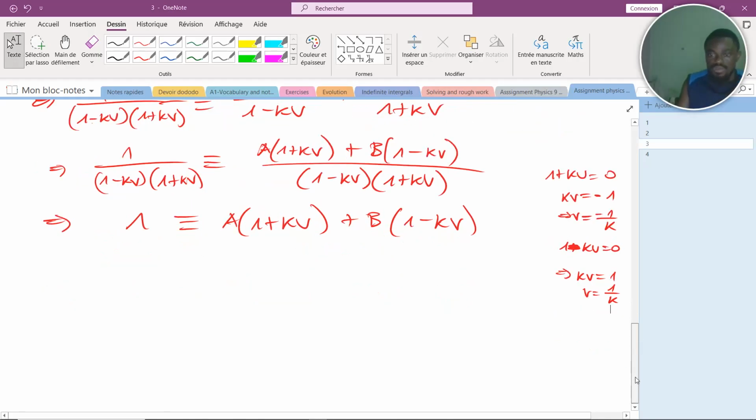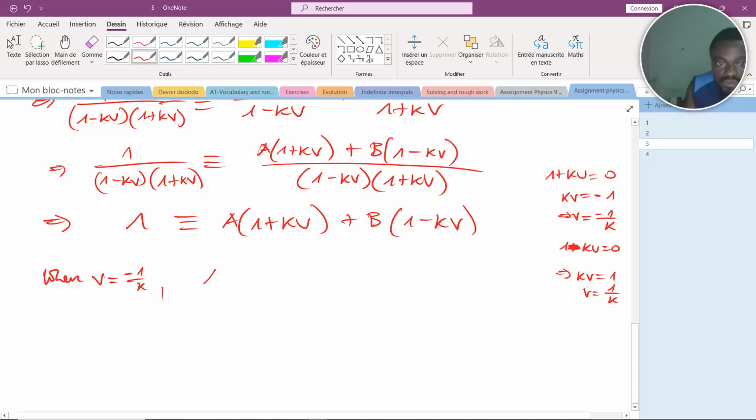So to simplify this system, when v will be equal to minus 1 over k, if I substitute minus 1 over k here, k will go out and we will be left with 1 minus 1. This becomes 0, and here this will not disappear. It will be capable of finding B. Is that okay?